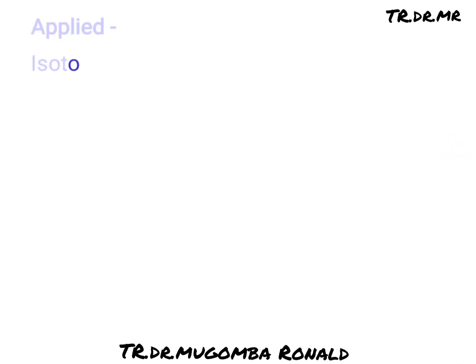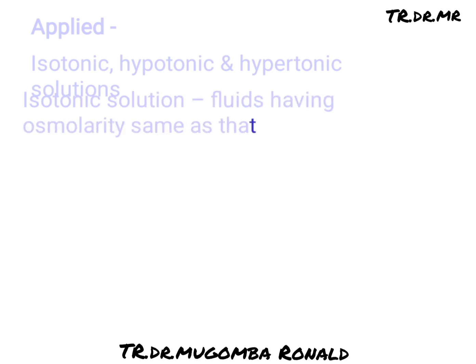That is osmotic pressure. So when you look at the types of solutions, we usually divide solutions into three different types depending on their properties in terms of osmolarity. We have isotonic solutions, hypertonic solutions, and hypotonic solutions.